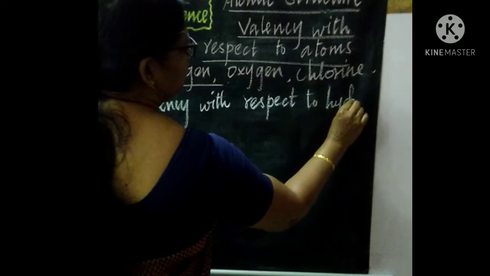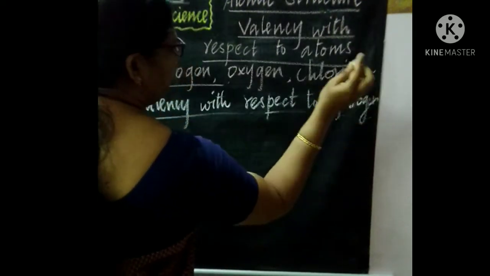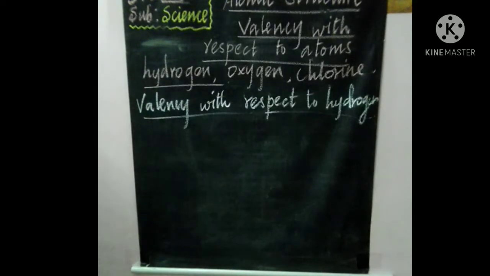How can we decide the valency of an atom with respect to hydrogen? A hydrogen atom loses one electron because it has only one electron in its outermost orbit. So its valency is taken as 1, and it is a standard atom. So the valencies of other elements are expressed in terms of hydrogen.